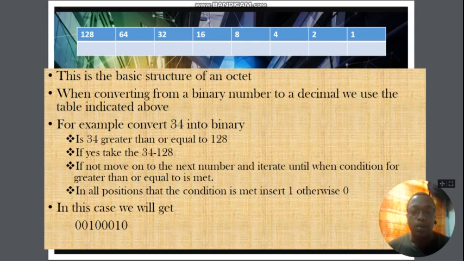Okay, that is our binary value for 34, and that is how we convert from decimal to binary. I would advise that you pause the video and go through this example once again until you understand, and then let's continue.